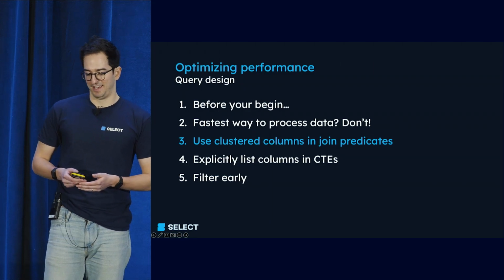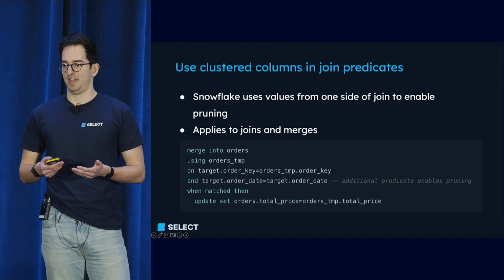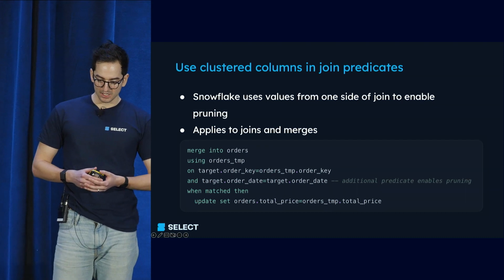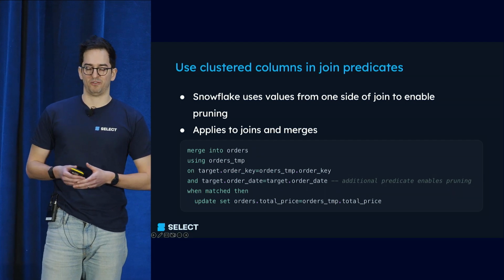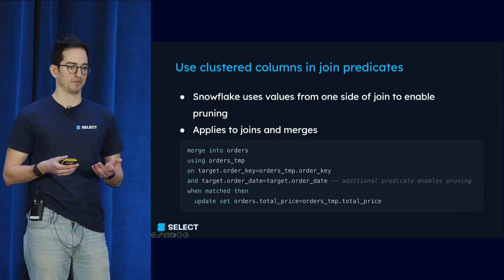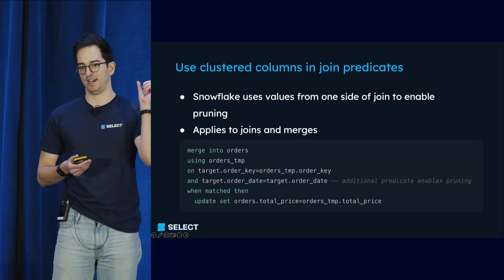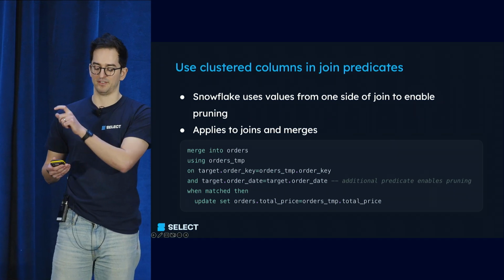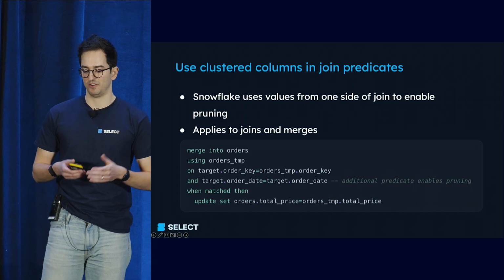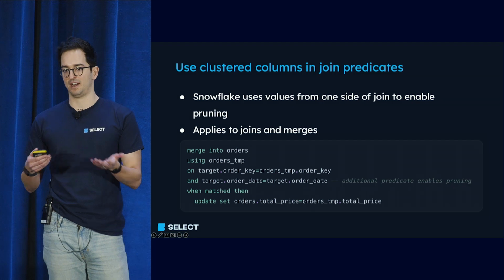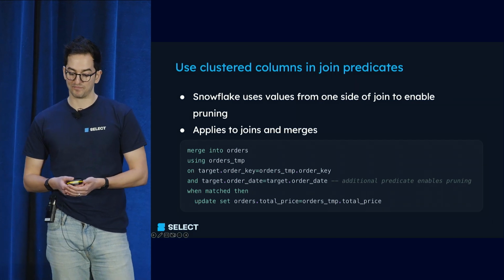The next tip is about another way in which you can enable pruning in Snowflake, which is a really interesting one. The examples we showed before are something called static pruning. When Niall showed that example on the orders table where you had a where order date greater than a date, that's something Snowflake can figure out upfront in the cloud services layer when it's deciding what micro-partitions need to be read for your query.